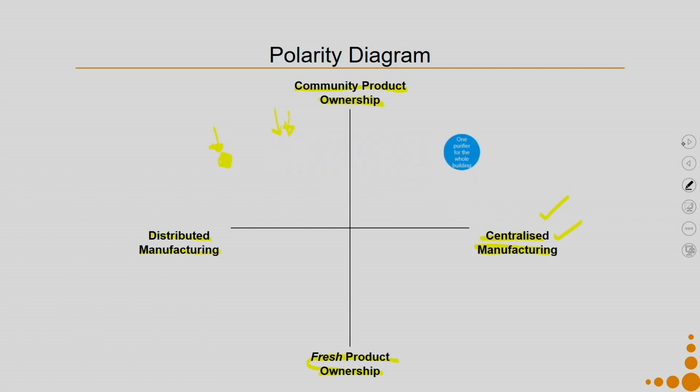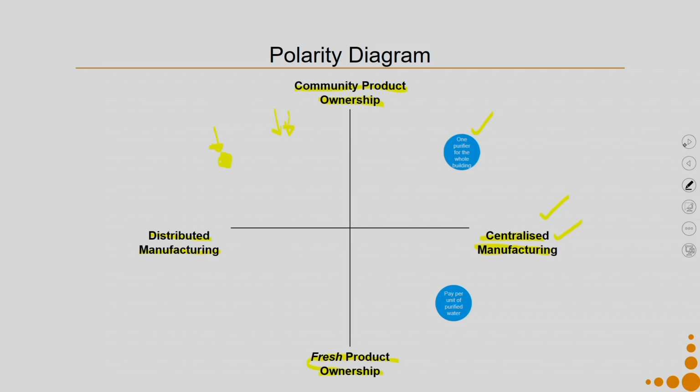Now, say I put this one purifier for the whole building in this particular region. It means the product is owned by the community. Fresh does not own the product, the community owns it, Fresh is the service provider, and it will be manufactured by Fresh. This is an easier case to plan for how Fresh is going to make money out of the whole business.